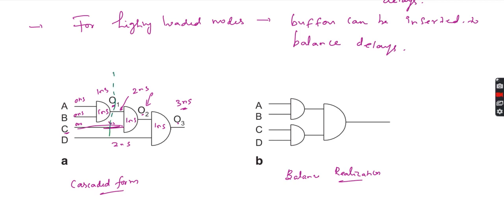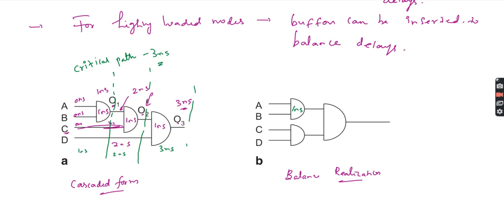You can see here this portion and this portion. Here 1 nanosecond, this will be 2 nanoseconds, and next this portion will be 3 nanoseconds. So here what is the critical path? The critical path is 3 nanoseconds because it requires 3 nanoseconds to get the output at O3.